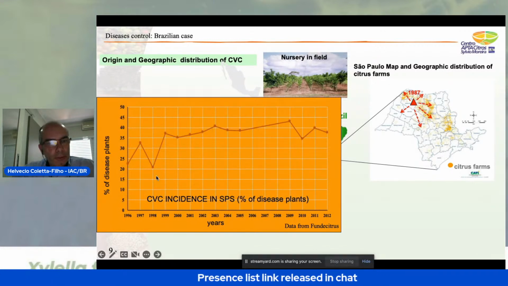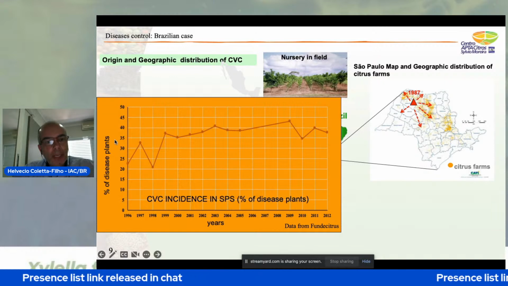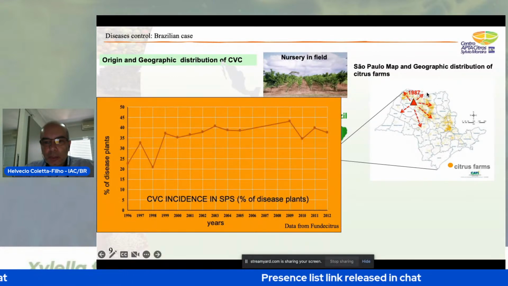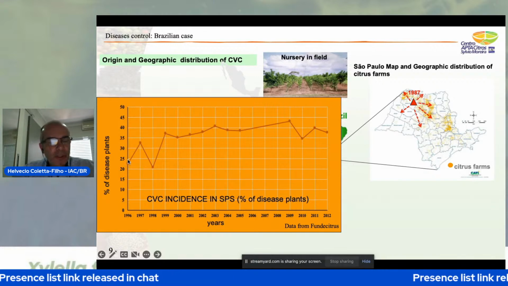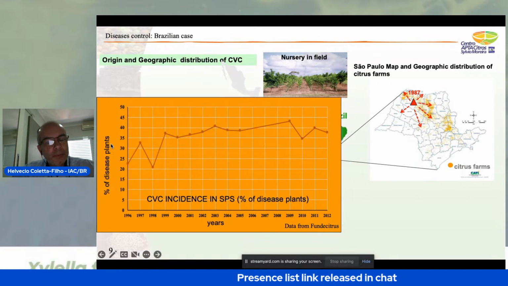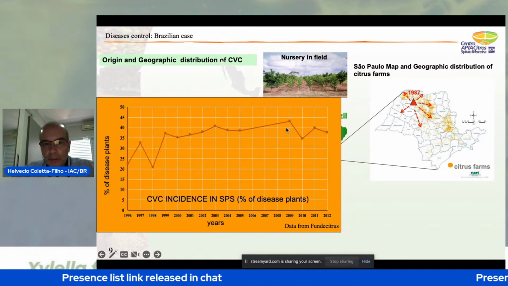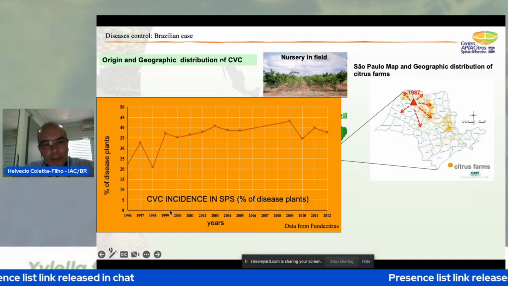Here you have the disease incidence in plants. In 1996, almost 10 years after the first report, approximately 25% of plants had some CVC symptoms, and the disease increased year by year.